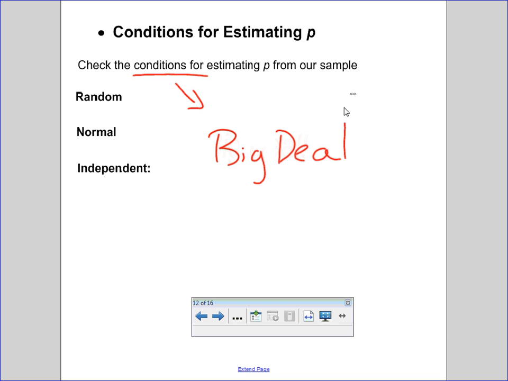When you create a confidence interval on an FRQ question, one point will be for stating that you're creating a confidence interval. One point will be just for checking conditions. And an E, a P, or an I will be just for the conditions. So if you check your conditions, you're going to get a 1 on the problem at a minimum. And if you don't check the conditions, you've already lost one of the 4 points available to you.